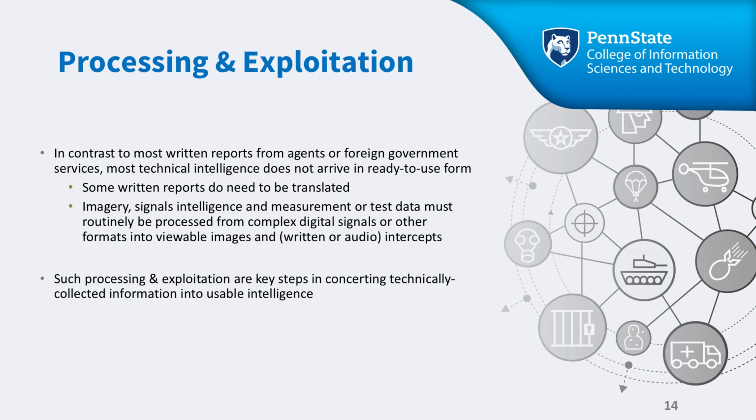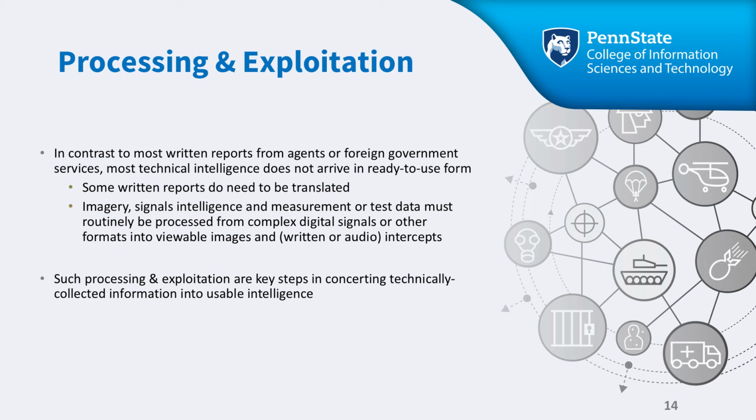Once intelligence is collected, it may be able to be passed right on to the analysts for analysis, but sometimes it's not. Now, most written reports from agents or foreign governments can go directly to the analysis part of the intelligence operation. But sometimes there's technical intelligence that really doesn't arrive in user-friendly or ready-to-use form.